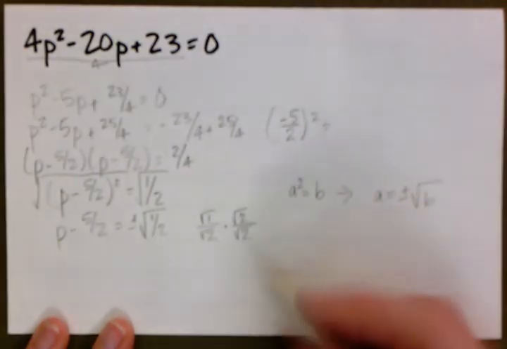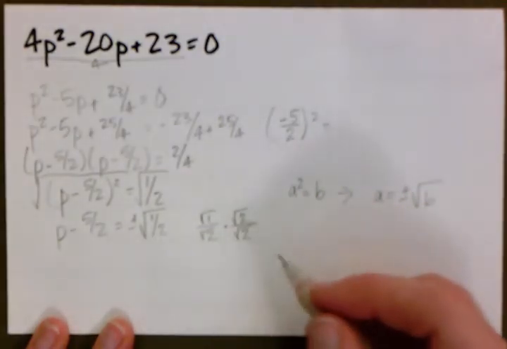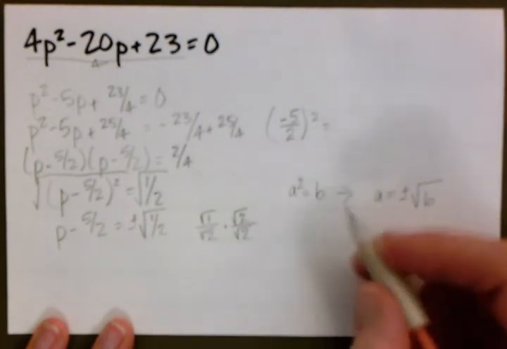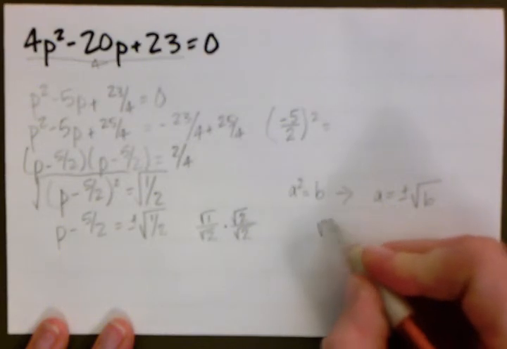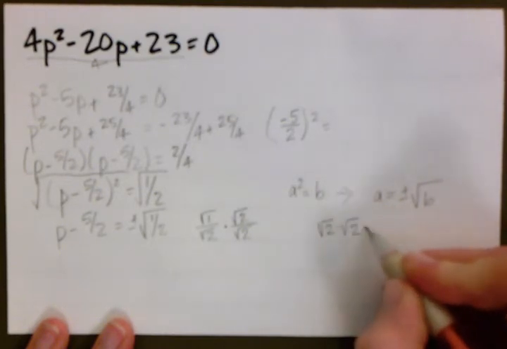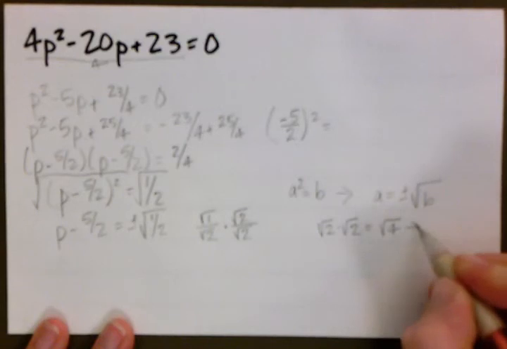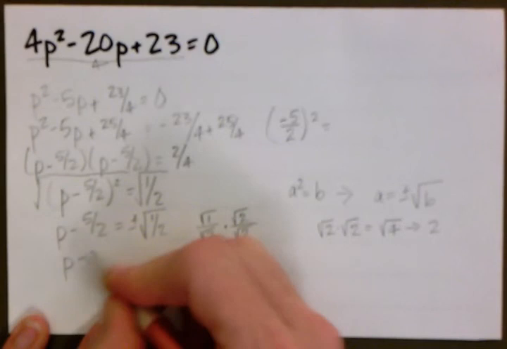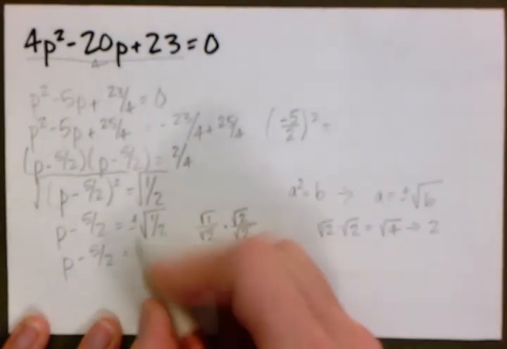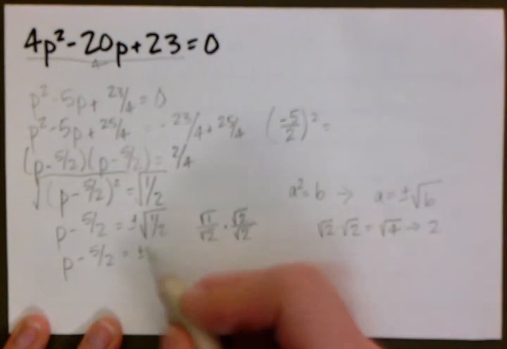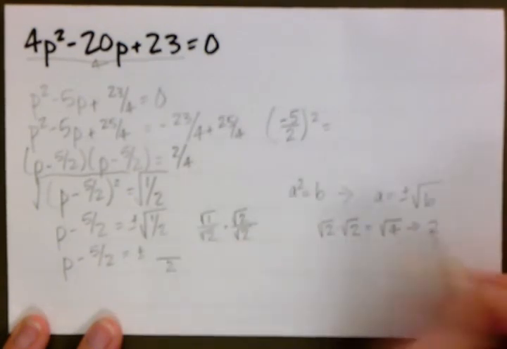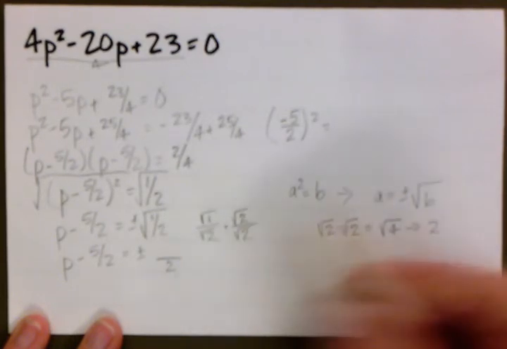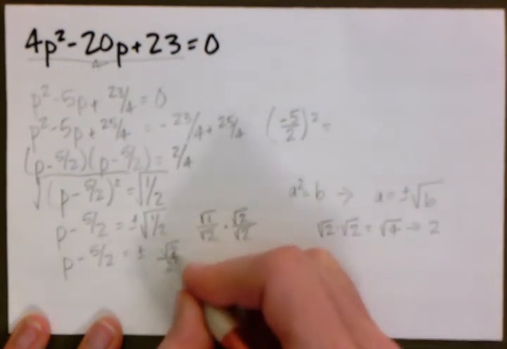So we're going to multiply the square root of 1/2 by square root 2 over square root 2. Now the way this works out is that the square root of 2 times the square root of 2 gives us the square root of 4, and of course we know that that's 2. So we have p minus 5/2 equals plus or minus, our denominator is going to be 2, the numerator square root of 1 is just 1, and multiplying that by square root of 2 leaves us with just square root of 2.